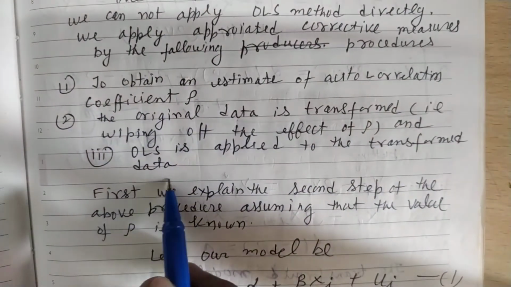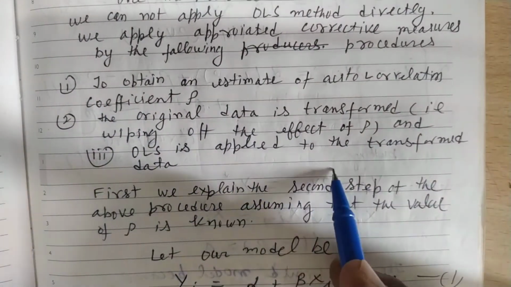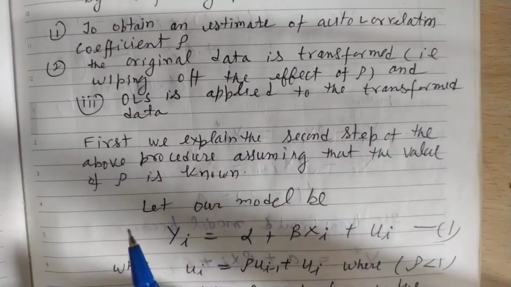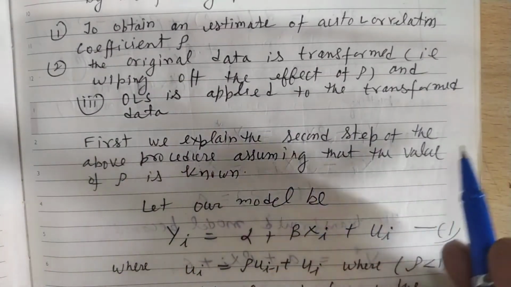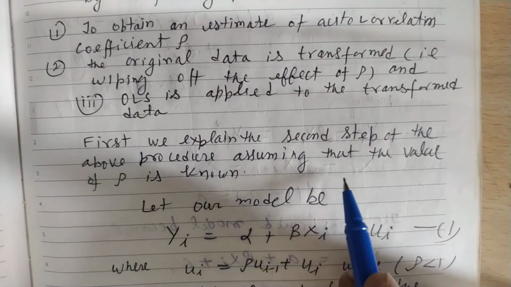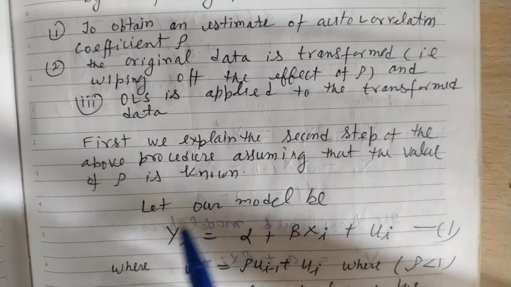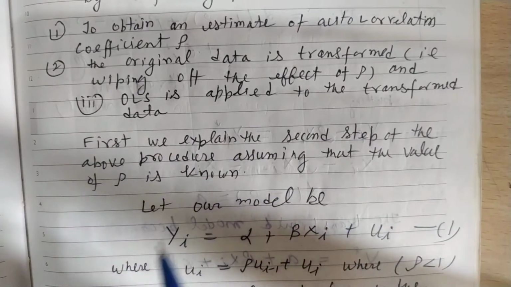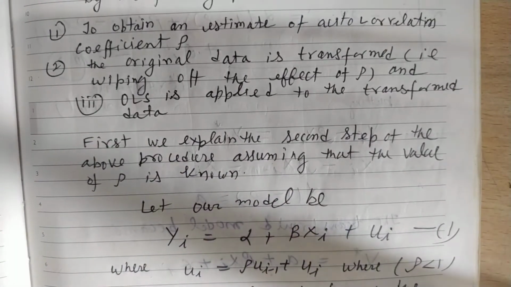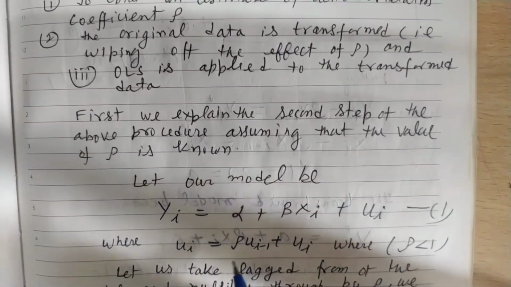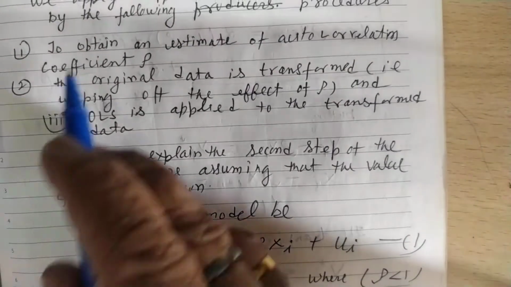And third, ordinary least squares is applied to the transformed data. First, we explain the second step of the above procedure, assuming that the value of rho is known. If the value of rho is not known, it is necessary to estimate the autocorrelation first, according to the first step, to obtain the estimate.